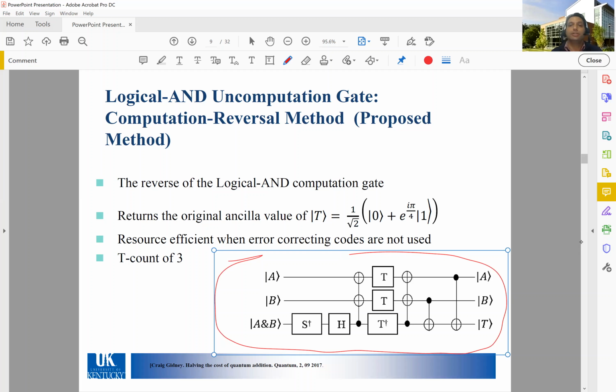As I discussed with you in the previous slide, measurement operation is noisy, and so we want to avoid the measurement. Moreover, there is also some time computation associated with measurement operations, because of which some other types of errors can also be associated. So we want to avoid the measurement, so that's why we propose this type of block, and the motivation has come from this work. So as I told you, we perform the computation reversal method.